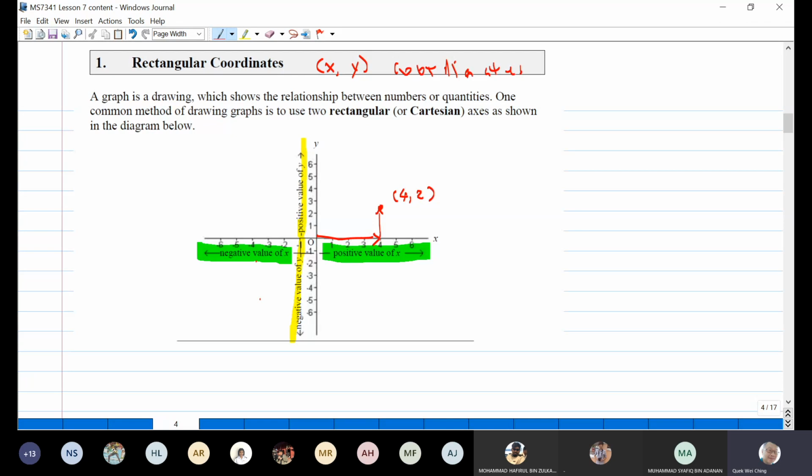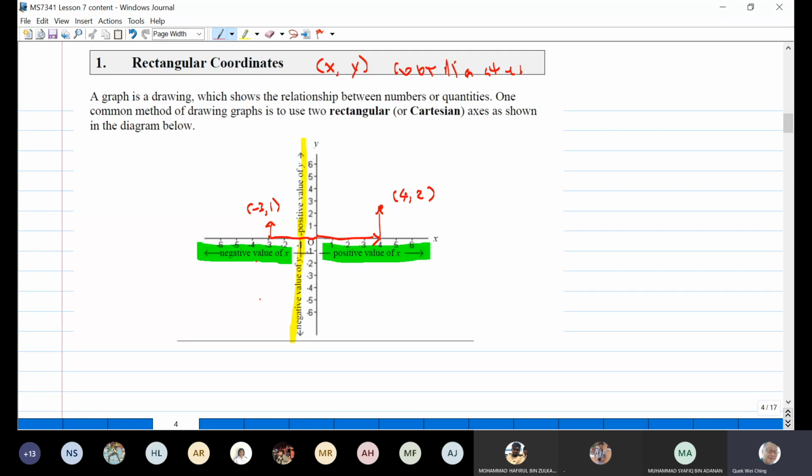And this is how you know where (4, 2) is. What if you want to get (-3, 1)? That means you have to go to the left for minus 3, then 1. So this is (-3, 1). The first number is always the X value. The second number is the Y value.